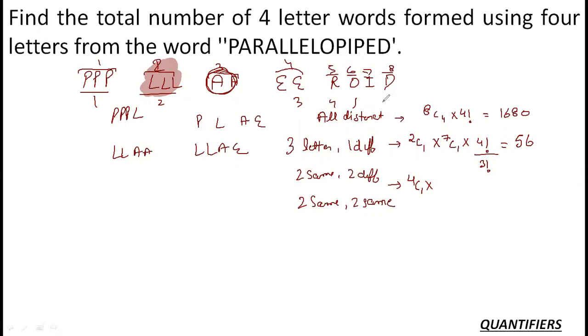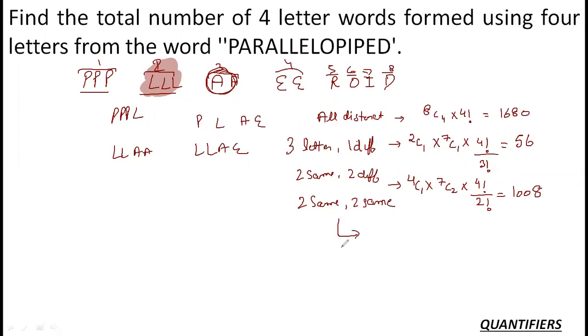From these 7, I just need two different letters, right? So 4C1 into 7C2 into, and now I have 4 alphabets, 4 factorial divided by repetition, that is 2 factorial, because these two alphabets will be repeated. So this basically will give me nothing but 1008. Right. This is the answer for this one.